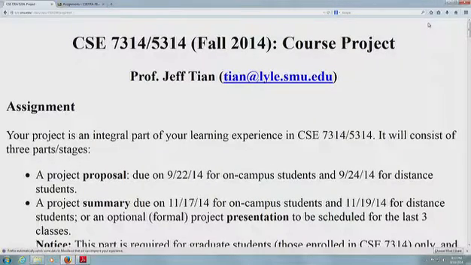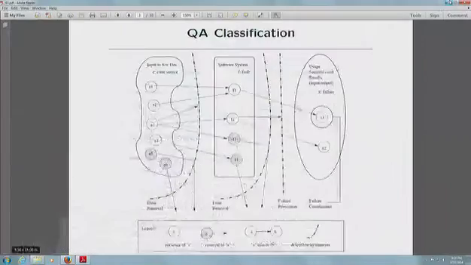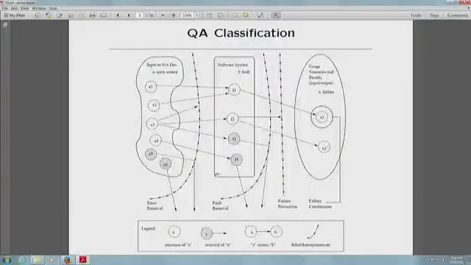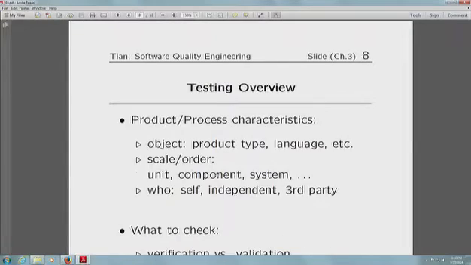Okay. Yeah, and I think I'm almost running out of time, and there is actually one of the homework questions talking about quality assurance and software quality engineering. So I'll spend 4 or 5 minutes on that software quality engineering part. Okay, so let me bring up the slides.